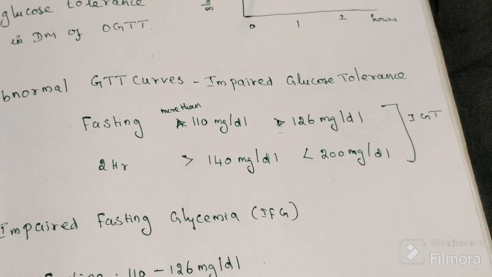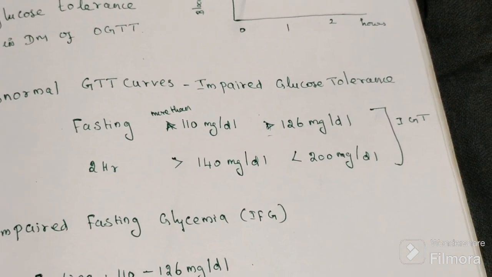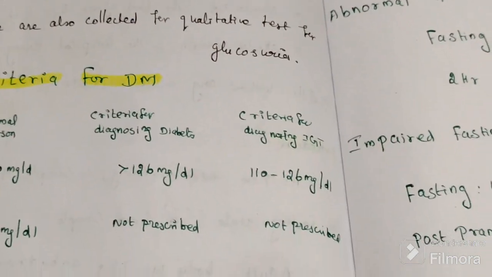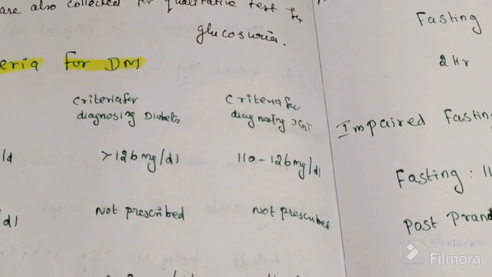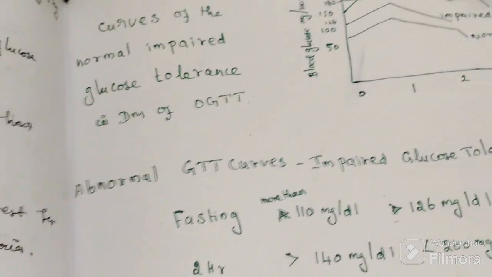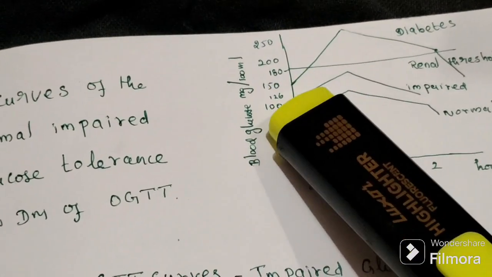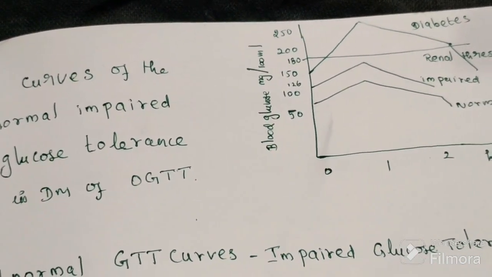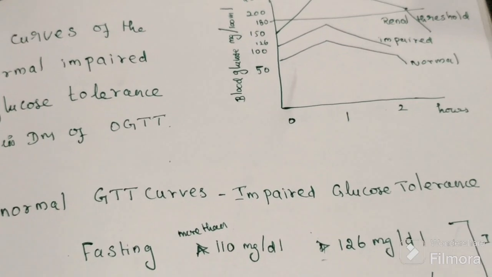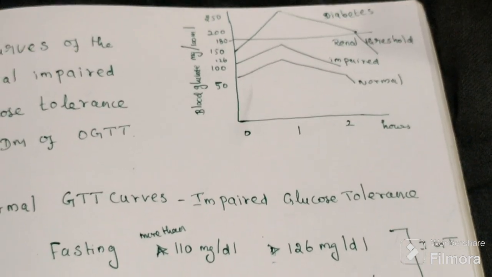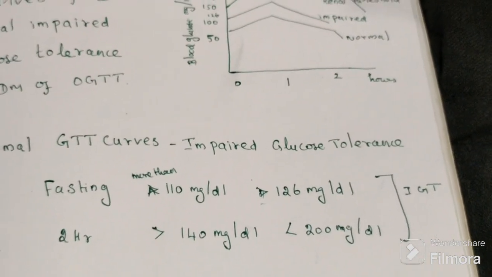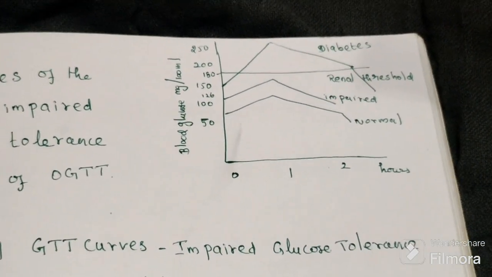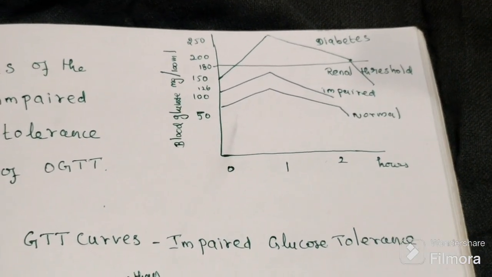This is called IGT, impaired glucose tolerance. So IGT means an impaired glucose tolerance condition only. Here, more than 140 is considered a diabetes mellitus condition.